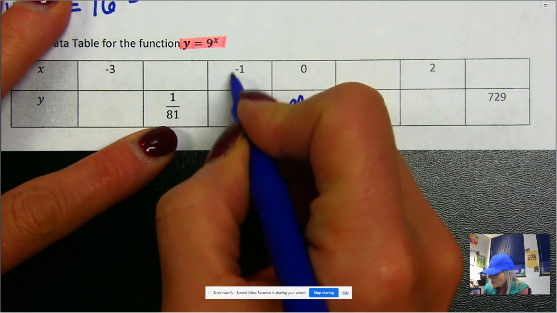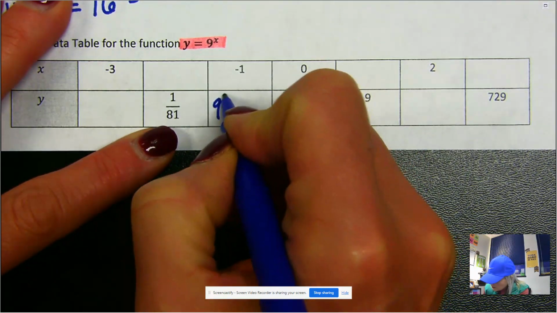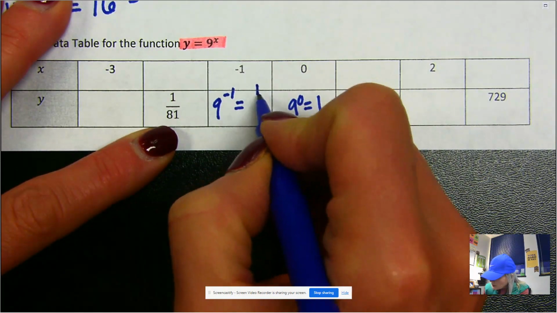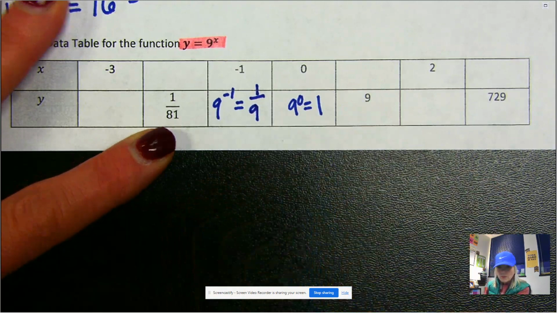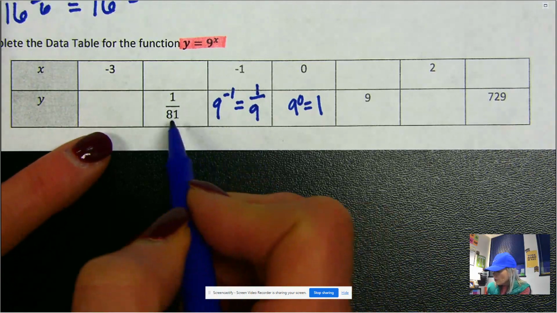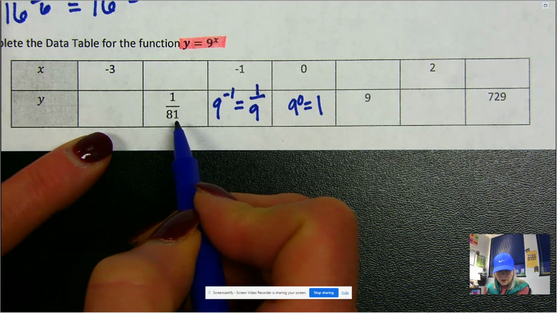So then with our exponent of -1, 9 to the -1, that means this is going to be a fraction. 1 over, you can write 9 to the 1st, which is just 9, okay? Going in this direction, 81 is equal to 9 squared.